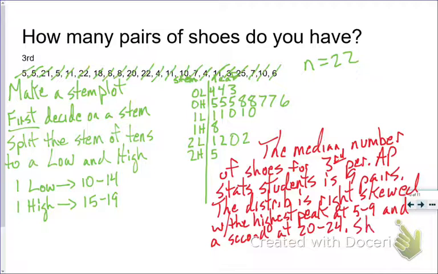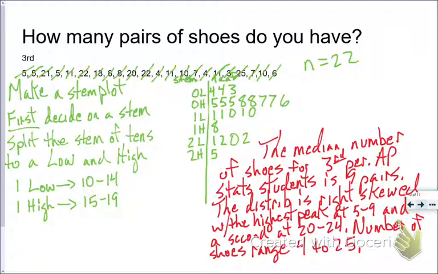Shoes range, or number of shoes, range 4 to 25.